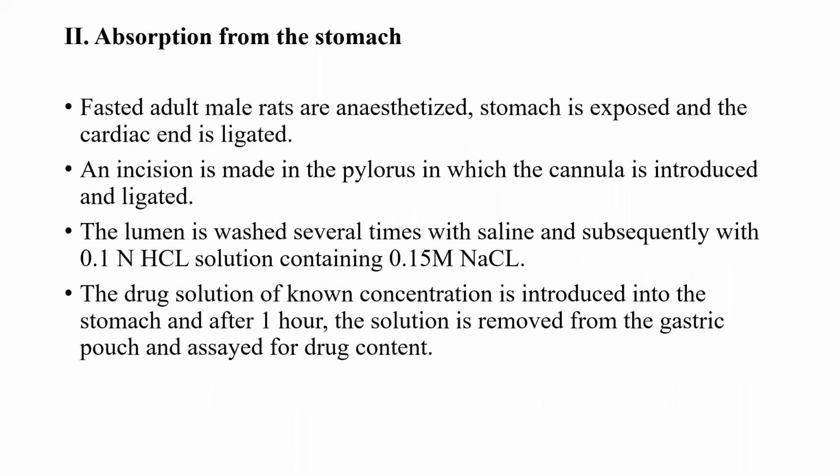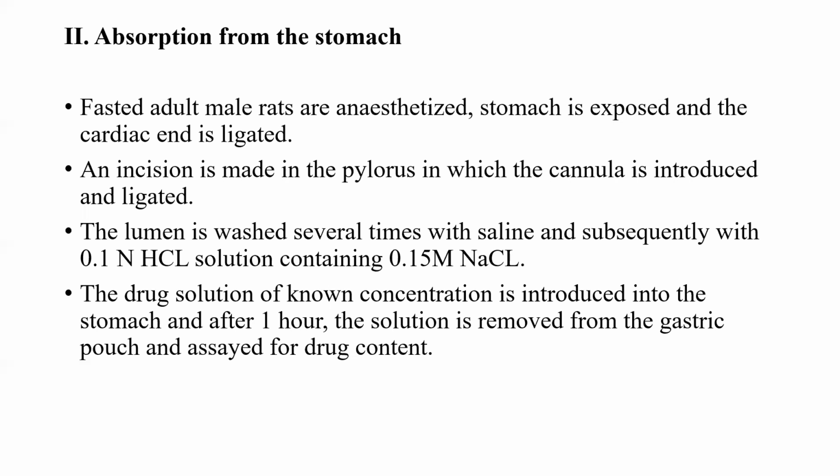The second step of the in situ method is absorption from the stomach. Here also, a fasted adult male rat is taken and anesthetized, and then the stomach is exposed and the cardiac end is ligated.